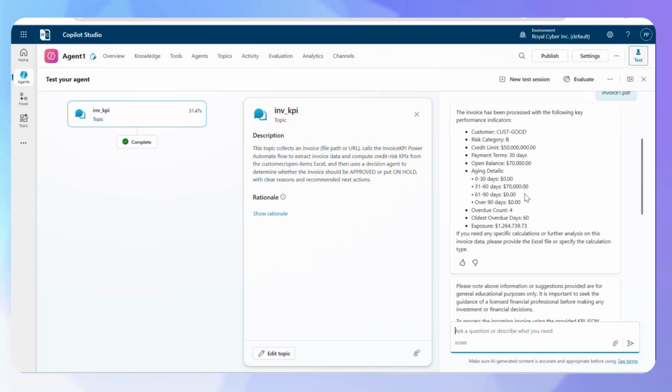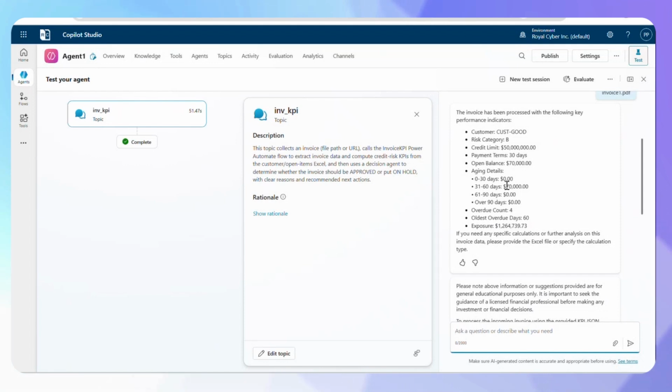Okay, so can you see this? We have categorized this customer as a good customer. Risk category is B. It is also fetching what credit limit we have given for this customer, and what payment terms we have for this customer. It has extracted that information. It has extracted the open balance for this particular customer.